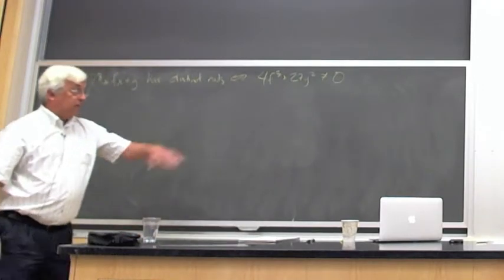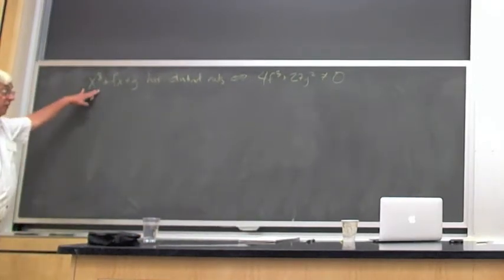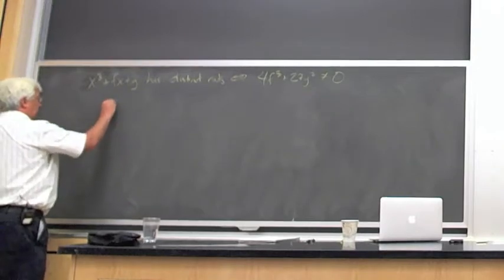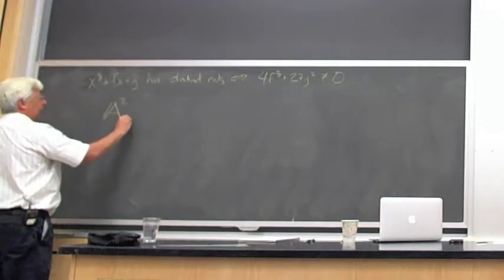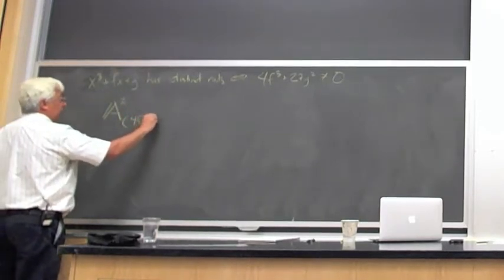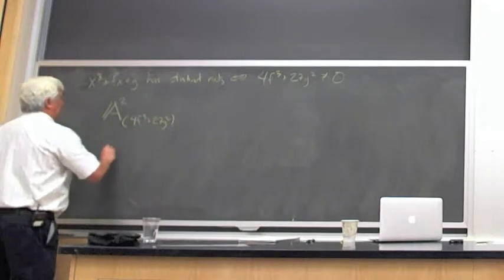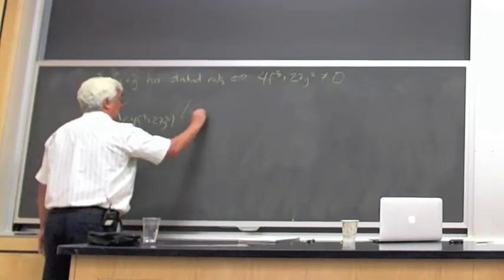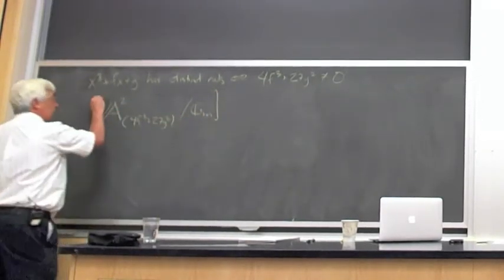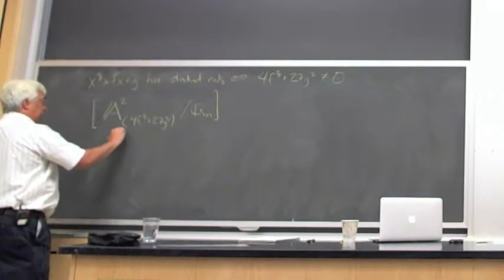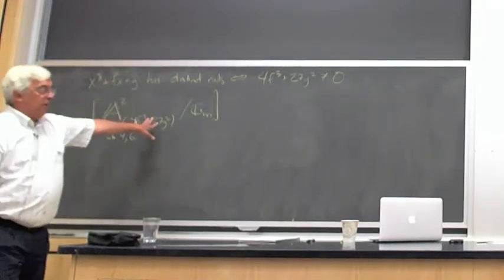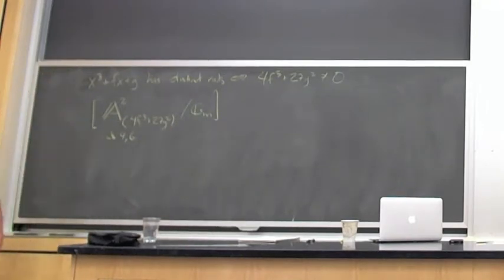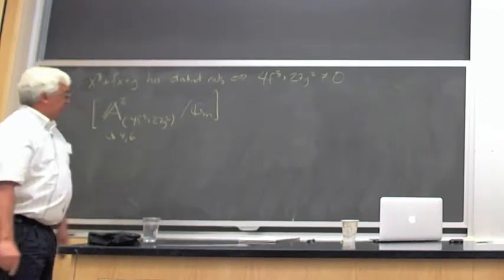So if I'm really trying to do non-singular elliptic curves, this is the condition that I need, and I can describe the stack by looking at the localization of A2, whose coordinates are f and g, at 4f cubed plus 27g squared, and take the stack quotient by Gm, where I give weights 4 and 6 to f and g in the Gm action on affine space. So this is the sort of modern way of describing the moduli of elliptic curves.